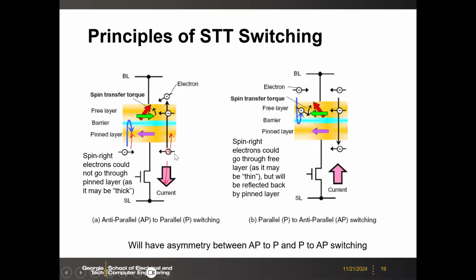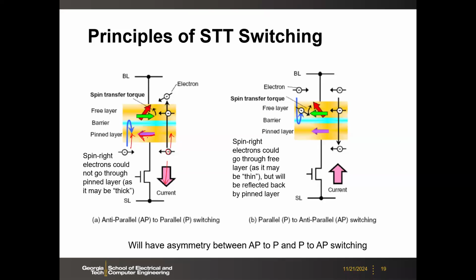So here, there are two kinds of electrons, but in normal material, not magnetic material, the number of electrons pointing up and pointing down, or in this case, pointing left and pointing right, will be equal. You don't see that spin-dependent current in normal material. But in the magnetic material, for example, the pinned layer here, the magnetization is pointing to the left.